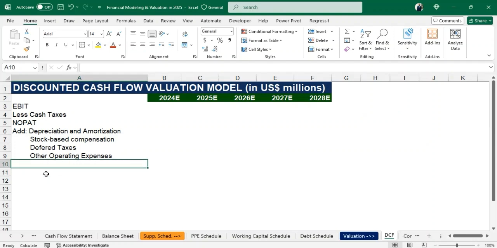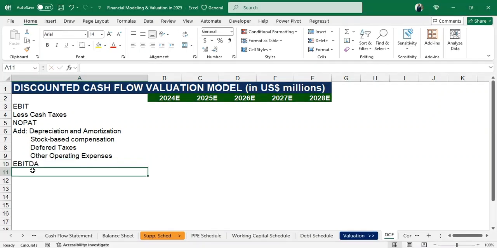Then when we do this, we are going to get a figure called EBITDA. After that, we are going to have capex, and we are going to less the capex. So you less capex, which is our capital expenditures.